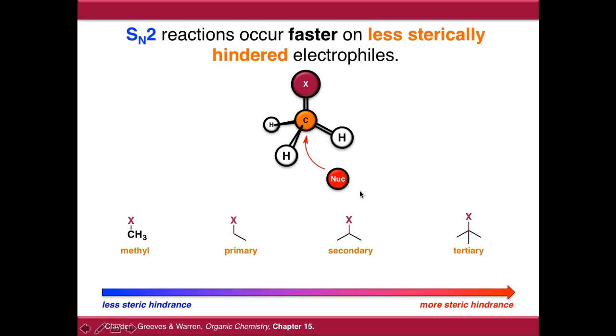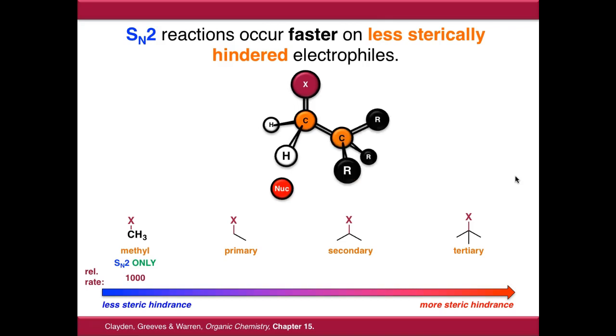The nucleophile attacking the methyl electrophile has plenty of room to get to that sigma star antibonding orbital that's here, because all it's surrounded by are hydrogens, so there's plenty of room to get in there. So we've got relative rates of reaction down here. The methyl electrophile reacts at a relative rate of 1000, and we'll see how this changes as we go along. So methyl electrophiles are very good at SN2 reactions, and in fact they only occur via SN2 reactions.